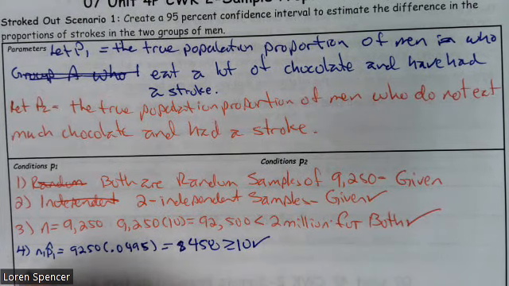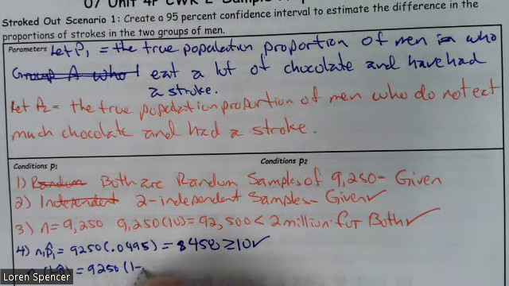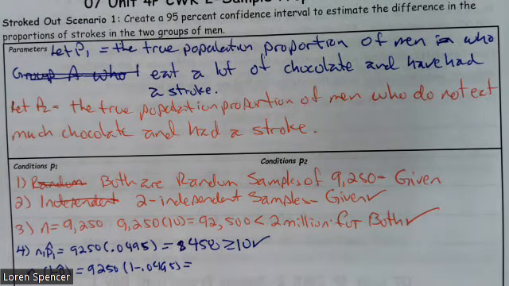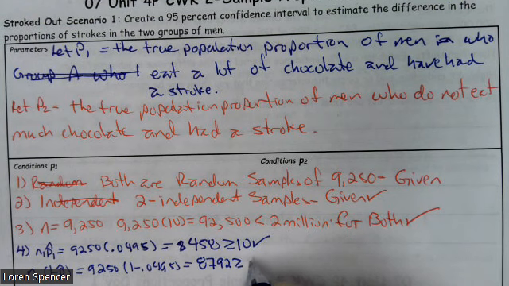Then n1 times 1 minus p hat 1 is 9,250 times 1 minus 0.0495, which equals about 8,792, and that's also greater than or equal to 10, so that's good.